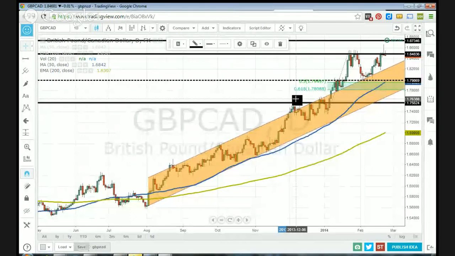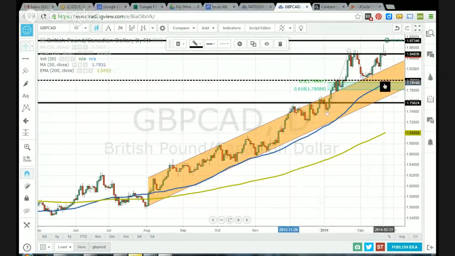No, we are dealing with 250 pips. So about risking 250 pips, and what could be the target here? 79. So that would be 450 if we target this black line here.